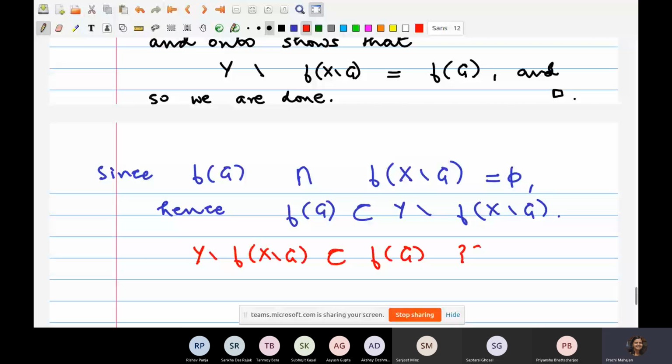How do we show this inclusion? I'd like one of you to help me out here. This is just set theory.